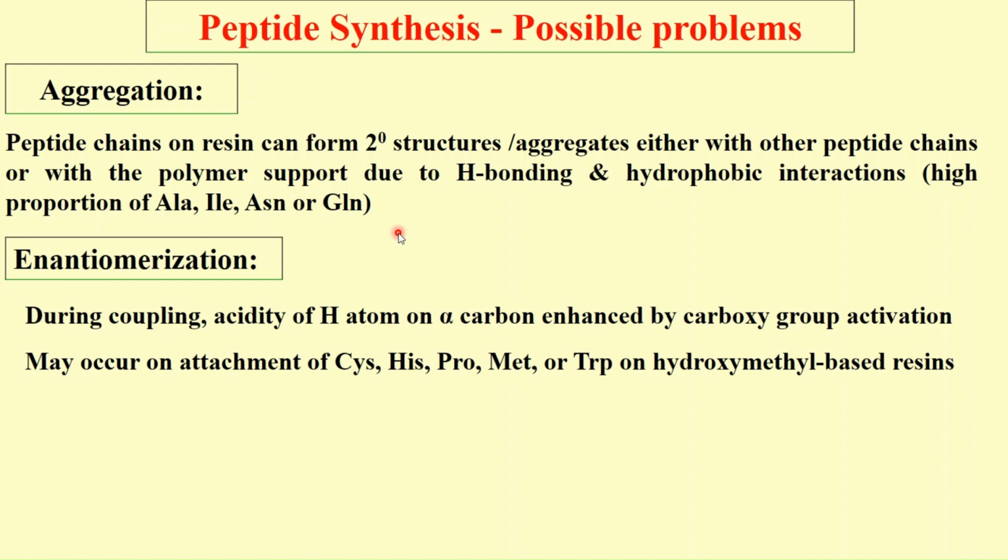This enantiomerization occurs when there is cysteine or histidine or proline or methionine or tryptophan or any hydroxymethyl containing based resins. When these amino acids are connected to hydroxymethyl based resins, then the possibility of enantiomerization is there.